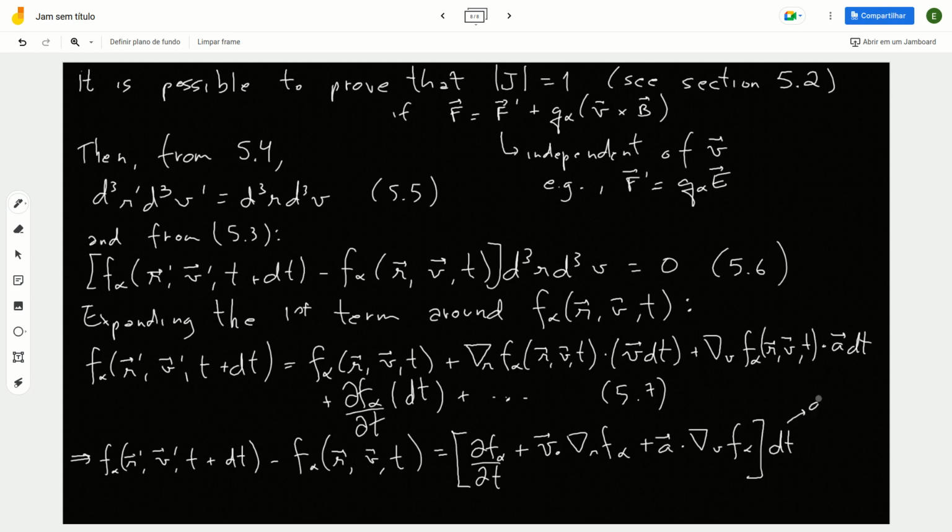I'm dropping higher order terms in the Taylor expansion, just keeping the first order derivatives. Now I'll use 5.6. I know that this is equal to this, but this is equal to 0, so I can say that this is equal to 0, right?